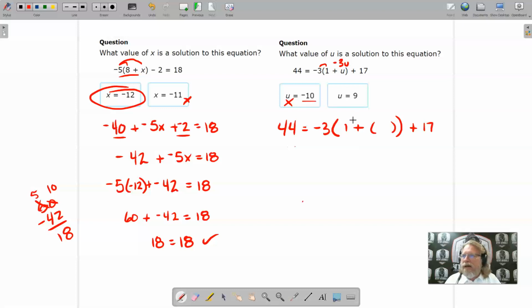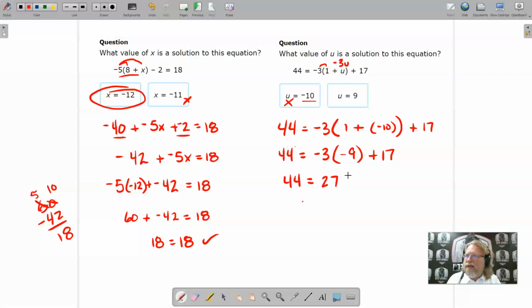So now let's go ahead and plug in, well, we tried the 9, it didn't work, so let's plug in the negative 10. So we get 44 equals negative 3 times 1 plus negative 10. 1 plus negative 10 is the same as 1 minus 10. So we're going to get negative 9 plus 17, and 44 equals 3 times negative 9 is 27.